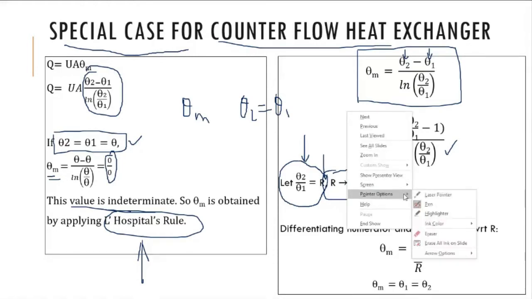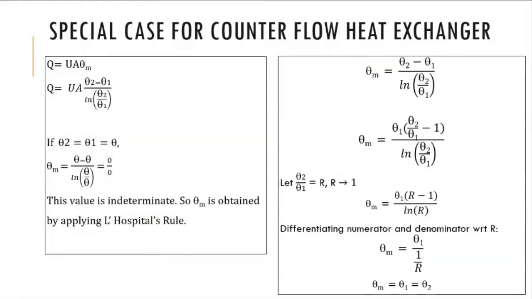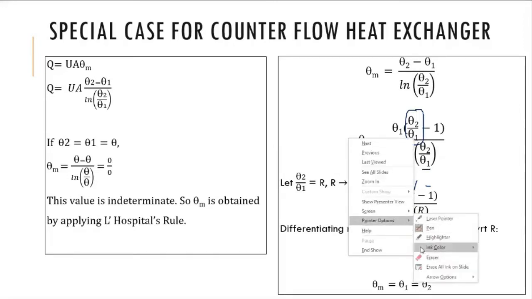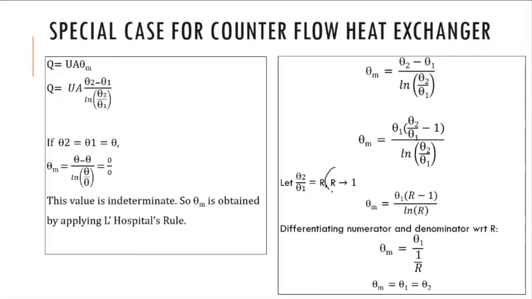So in this particular case, theta m value will be equal to theta 1 multiplied by theta 2 by theta 1, which is written as r, minus 1 divided by ln theta 2 by theta 1, which is again written as r. Can we write like this? Yes, sir. And r is tending to 1.